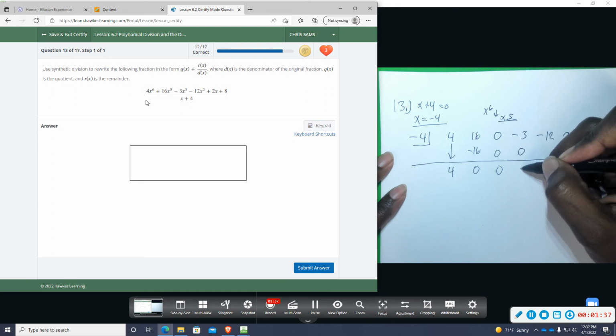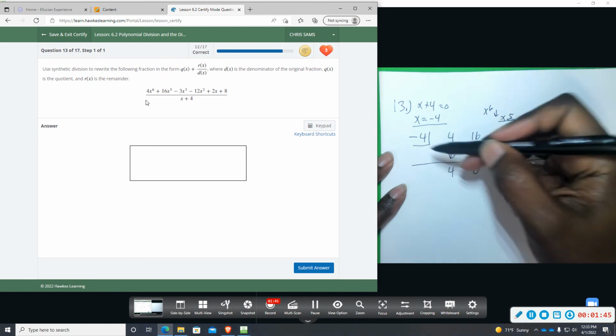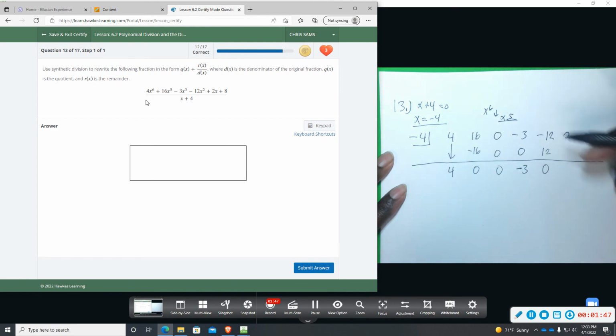Combine, we get negative 3. Negative 4 times negative 3 is a positive 12. Combine, we get 0. Negative 4 times 0 is 0. Combine, and we get 2. And then negative 4 times 2 will give me a negative 8. Combine, and we get 0.